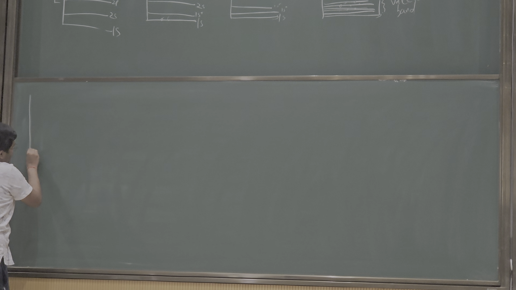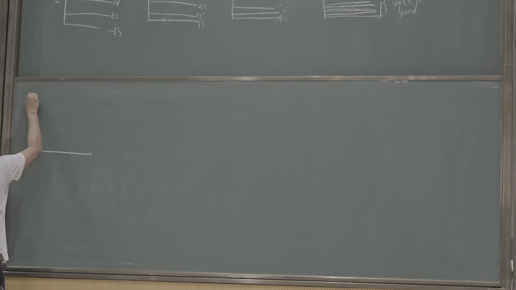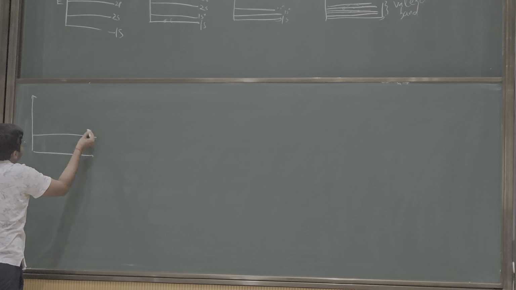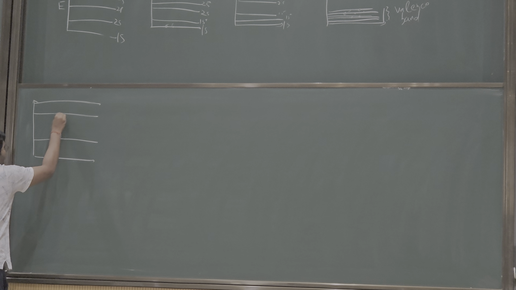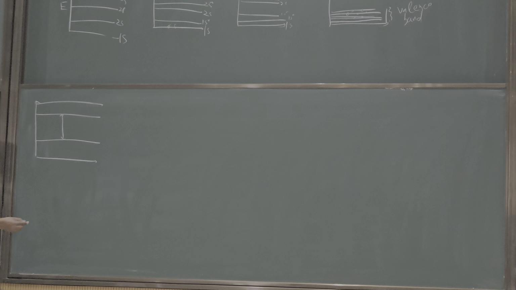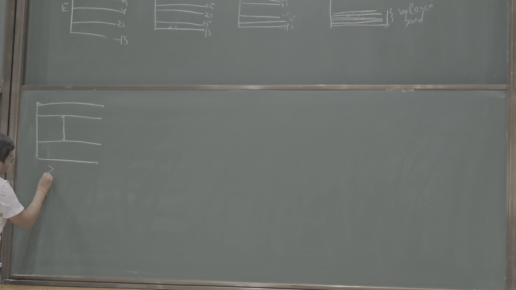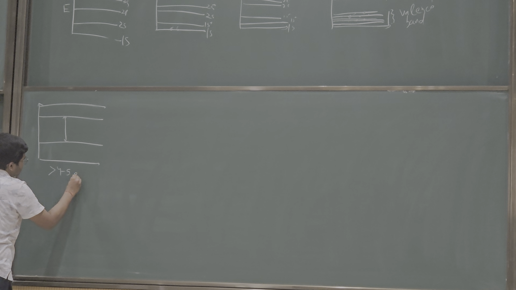So in case of insulators, what happens is that the gap between the two bands is too large. What we mean by too large is, conventionally, greater than 4 to 5 electron volts.